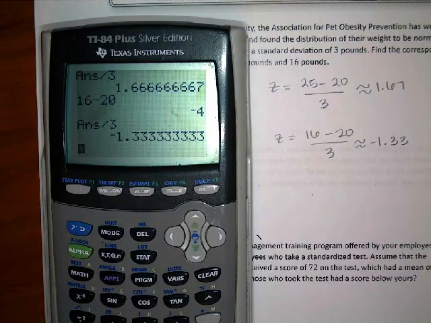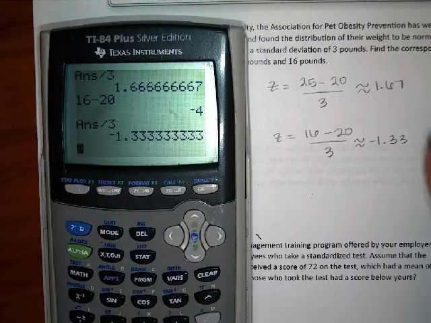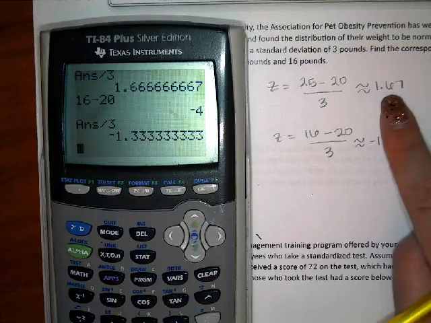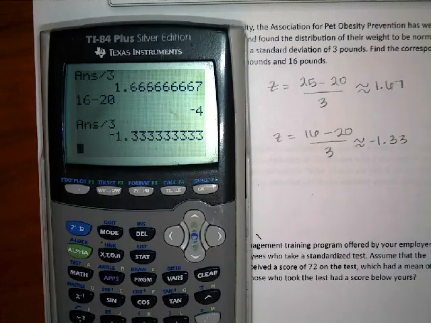So between these two numbers, we've got one that is below the mean, and one that is above the mean. This one is a little bit more extreme because it's further from the mean. 6.7 is further from the mean than 3.3, but they are both less than 2 away from the mean, so they're both within typical values.